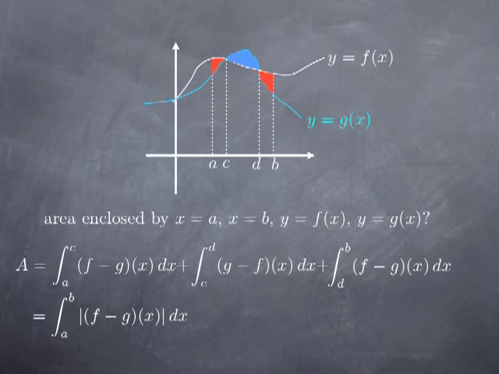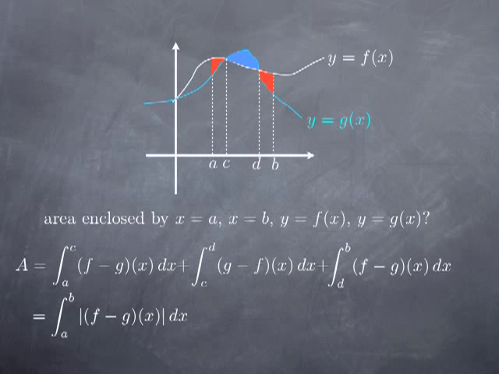Because if I take the absolute value of f minus g, I always have the difference of the two functions with the greatest minus the smallest. Because of course, I take the positive difference, and therefore on the first interval this absolute value of f minus g is f minus g because f is greater than g.